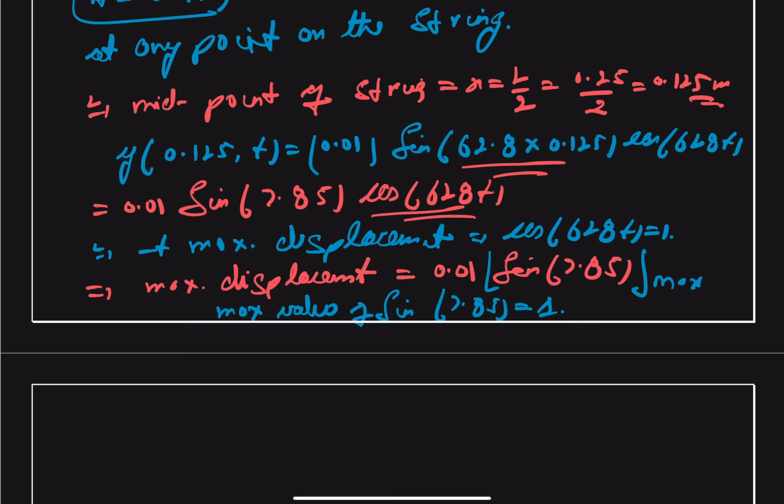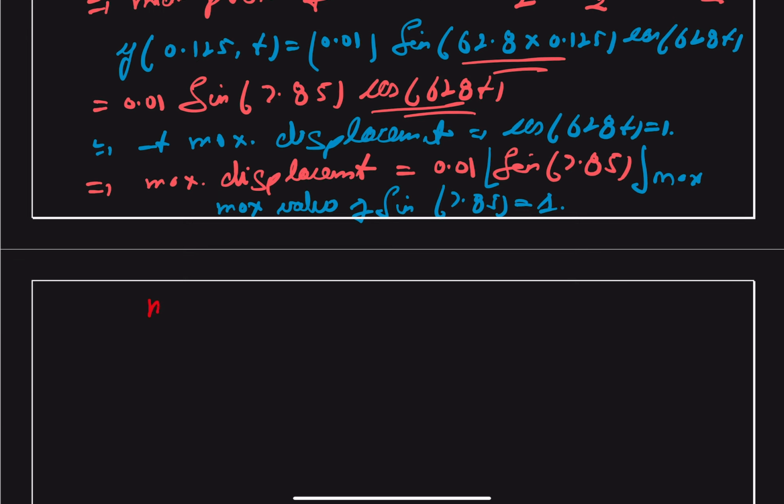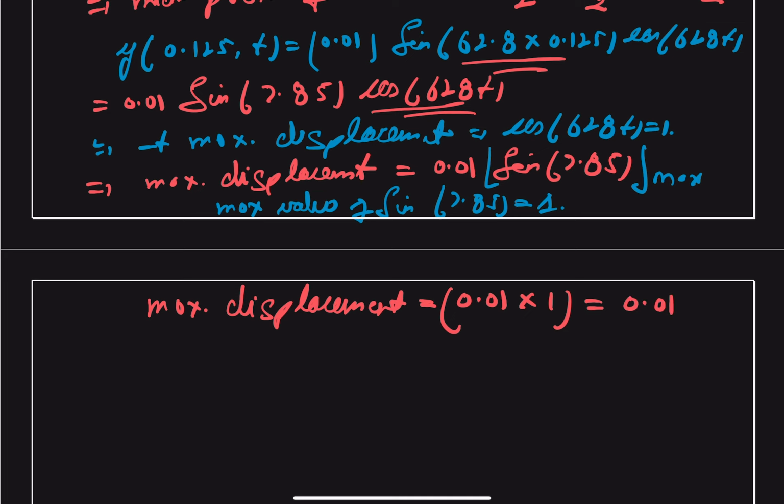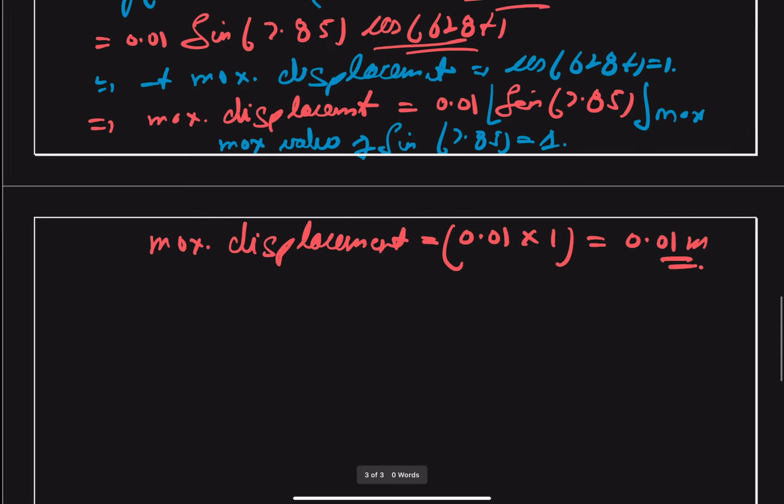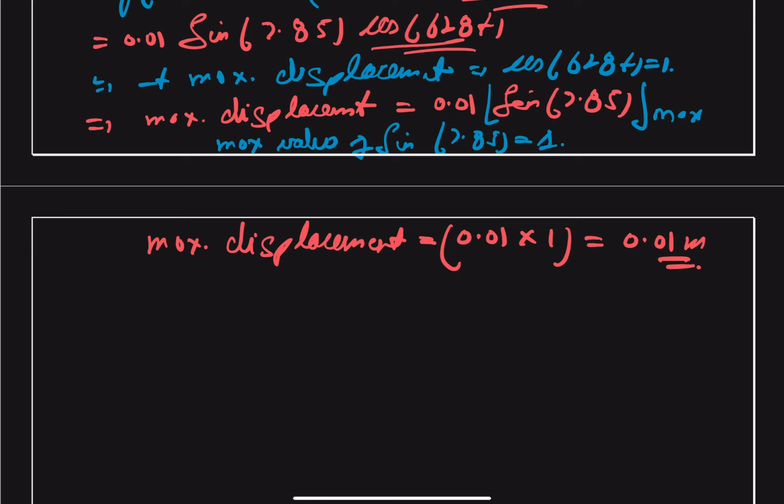Therefore, we can write that our maximum displacement will be equal to 0.01 multiplied by 1, which comes at 0.01 meters. So this is the maximum displacement at the midpoint.